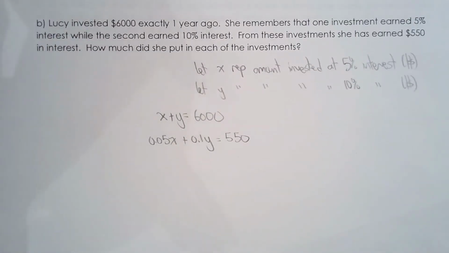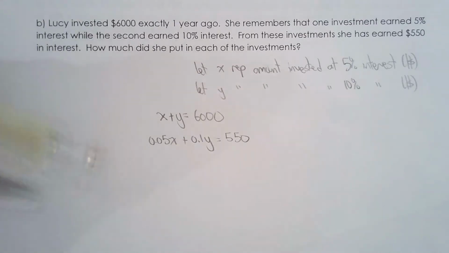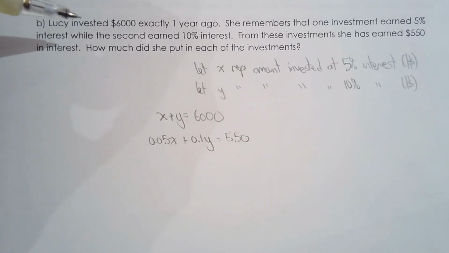You know what? It's time to think about this. Before I even solve it, I like to have an idea of what my solution should be. Did she invest more in the 5% account, or did she invest more in the 10% account?